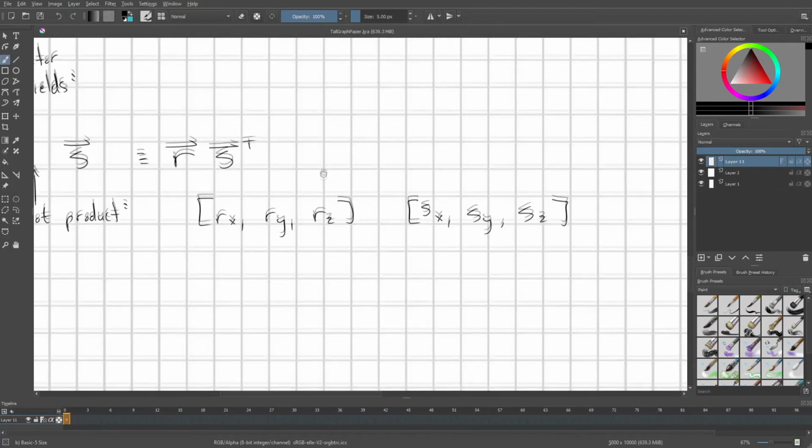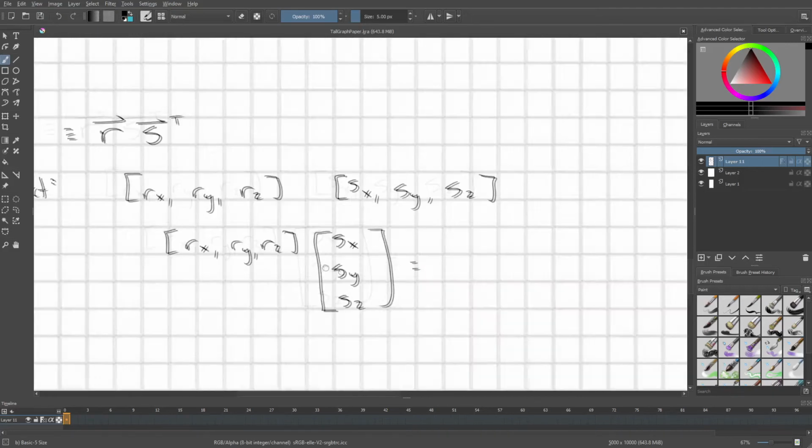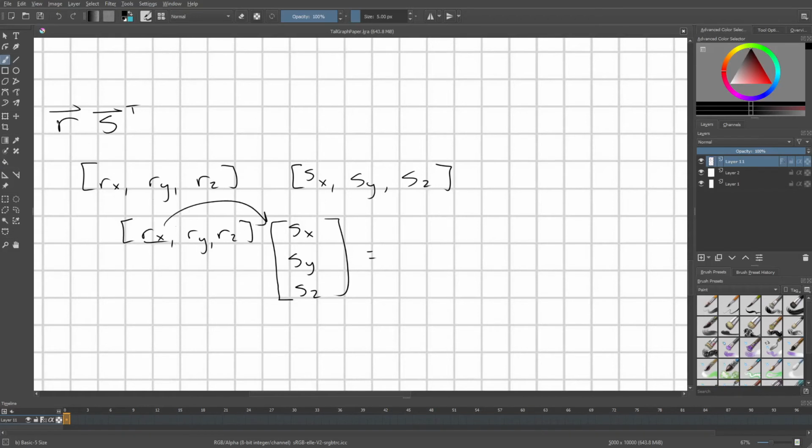And so to multiply these two together with raw matrix multiplication rules, we would have to take rx, ry, and rz and multiply it by the transpose, which means to take our row vector and turn it into a column vector, sx, sy, sz. And then we simply use multiplication rules to work this out. And we would get rxsx plus rysy plus rzsz.